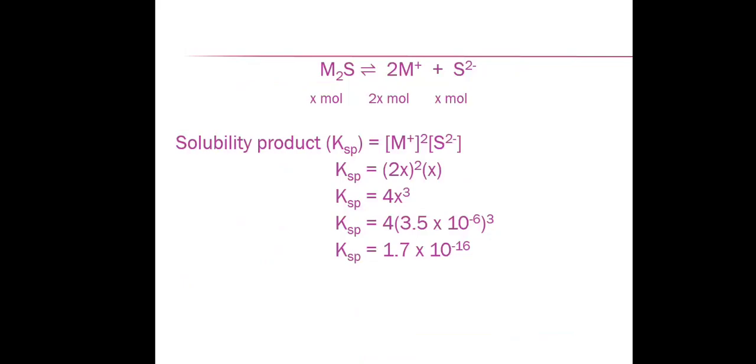That's why we have written (2X) square, and the concentration of S2 minus is X. That's why it is substituted as X. If we simplify that, we get 4X cube. Since the solubility is given, that is X, the value is 3.5 into 10 to the power minus 6, to the power cube. And if we solve that, what you get is 1.7 into 10 to the power minus 16.